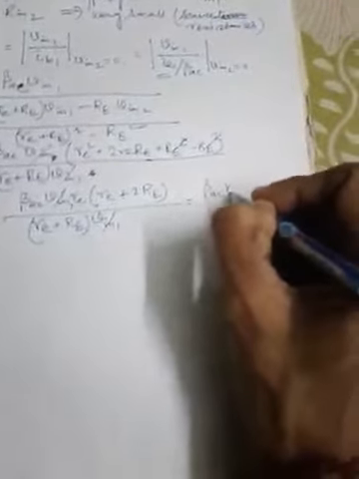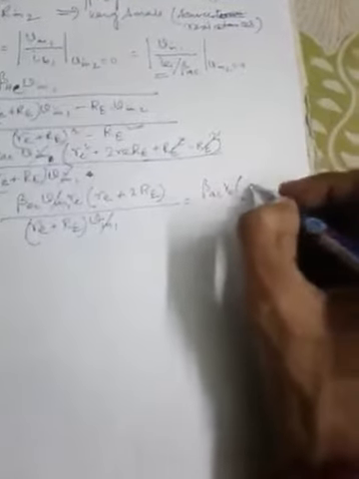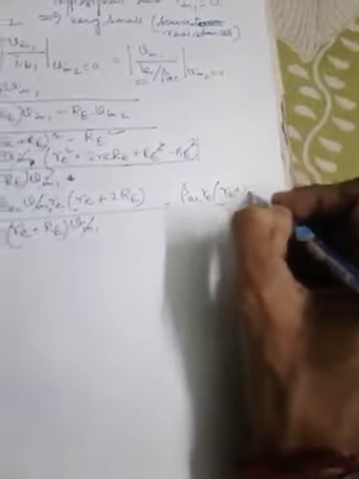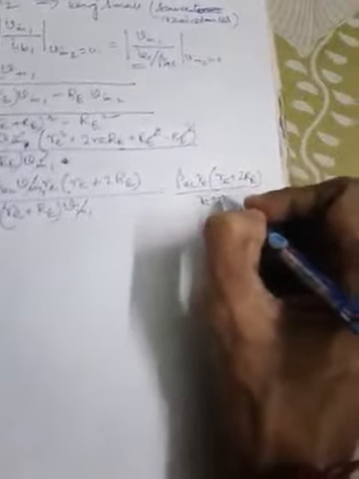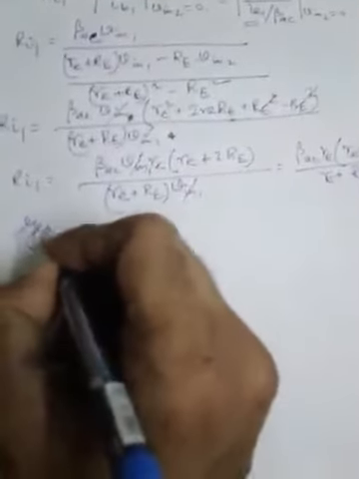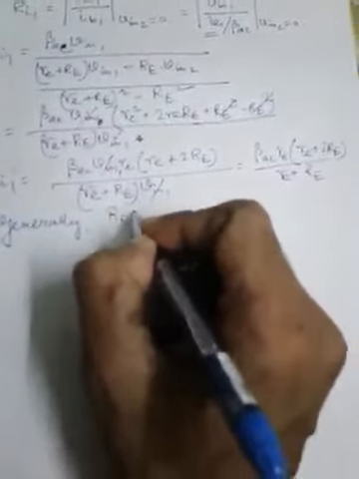Therefore this is beta AC re, re plus 2RE inside the bracket, divided by re plus RE. So this is Ri1. Now generally we have found that capital RE is far greater than small re because of the need for high voltage gain.